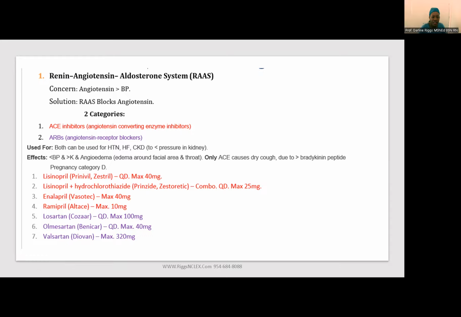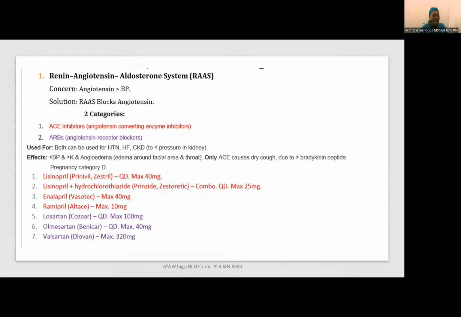Losartan, olmesartan, valsartan. Okay, so you should be good with your RAS. Okay, at minimum, you should be able to classify them under the right drug classification.